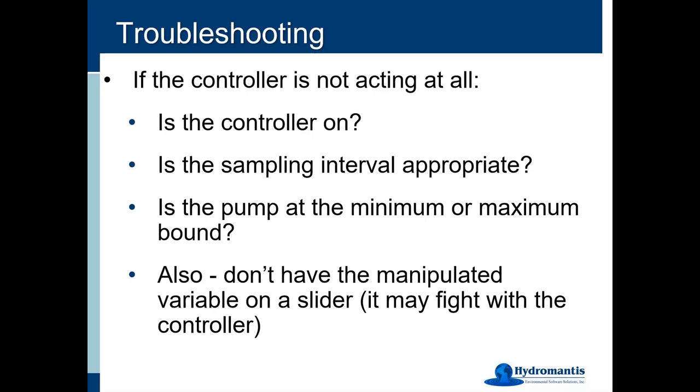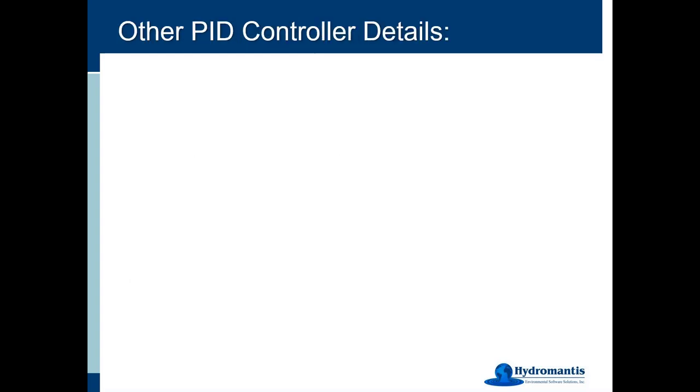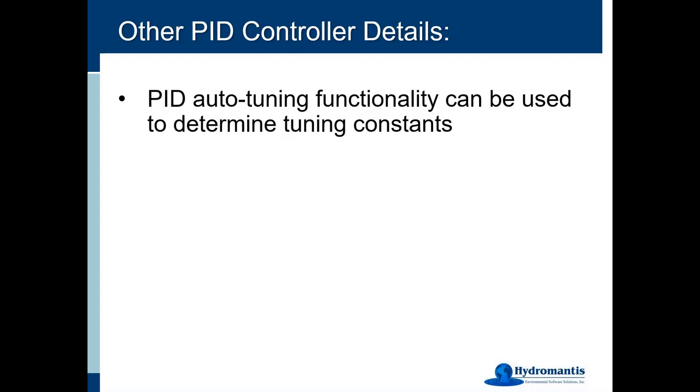If you have a variable up on a slider, then GPS-X will want to set it to that value, but your pump controller might want to set it to a different value, and the two things will fight with each other. So just make sure that if you're using a PID controller, don't also have that same variable up on a slider too. So a few final thoughts.